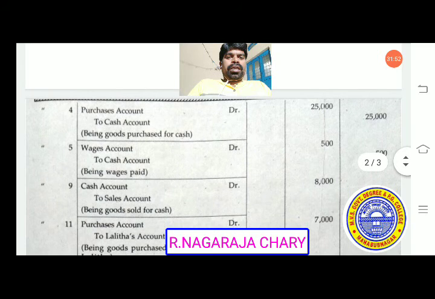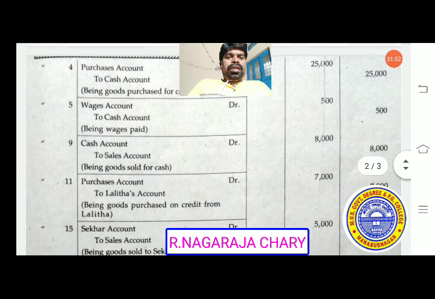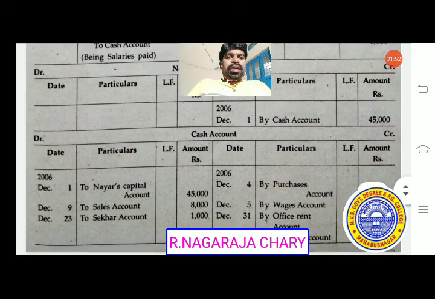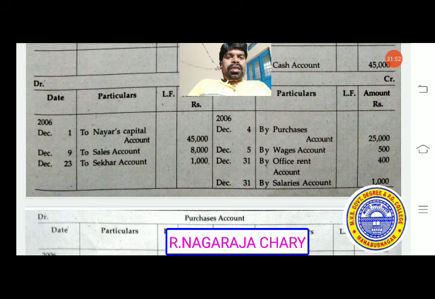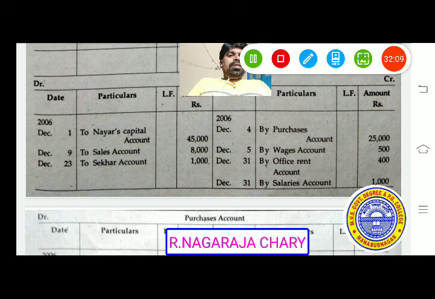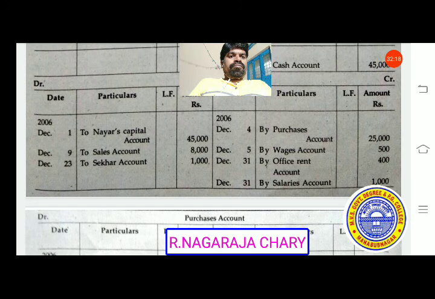Next, second entry, purchase account debtor to cash account, that is 25,000. Here you are observing purchase account, where 25,000 rupees is credited.